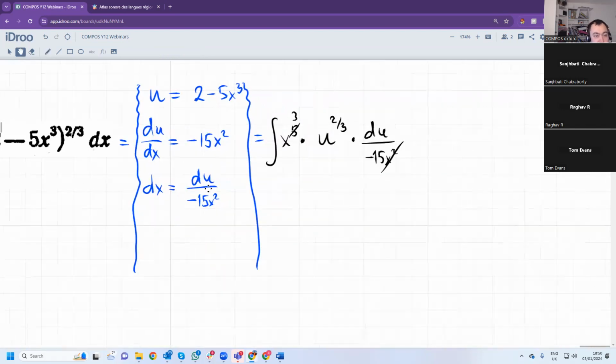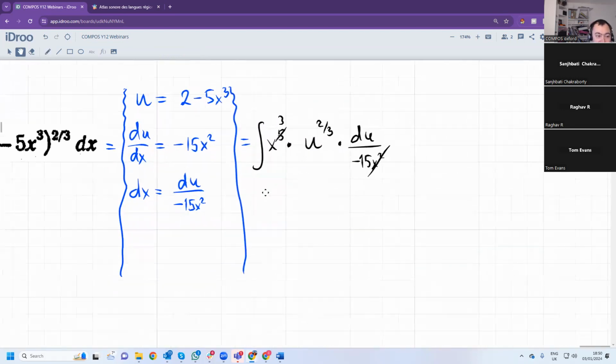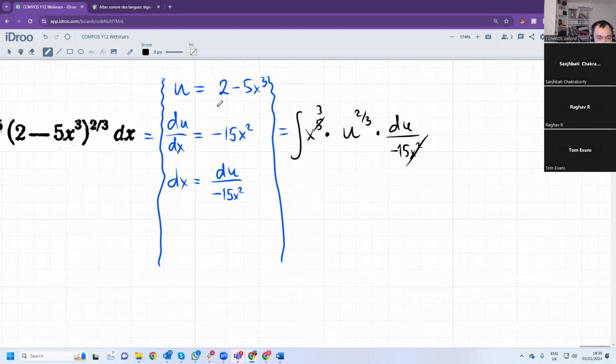I like x cubed much more, because I can express it. 5x cubed is 2 minus u, so x cubed is 2 minus u divided by 5.